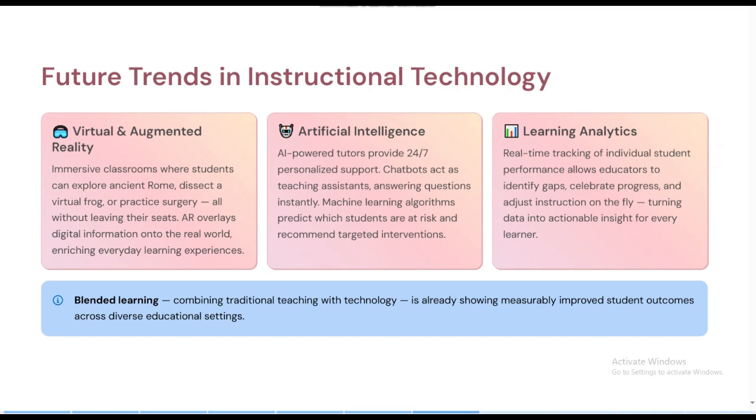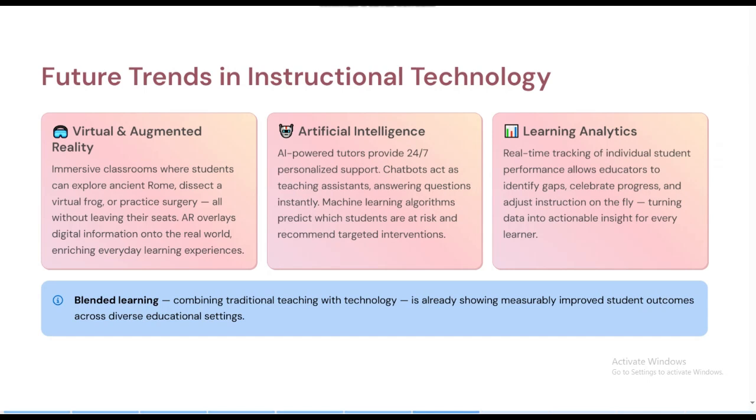We have the area of learner analytics, which is the real-time tracking of student performance, which allows educators and lecturers to identify gaps, celebrate progress, and adjust instruction on the go. This helps to turn data into actionable insights for every learner.